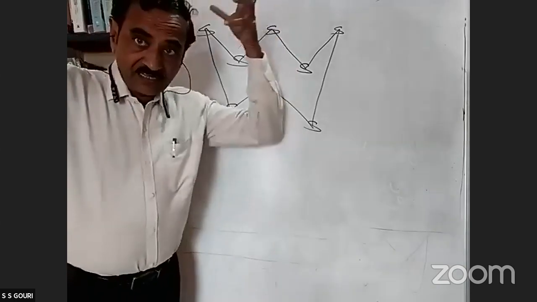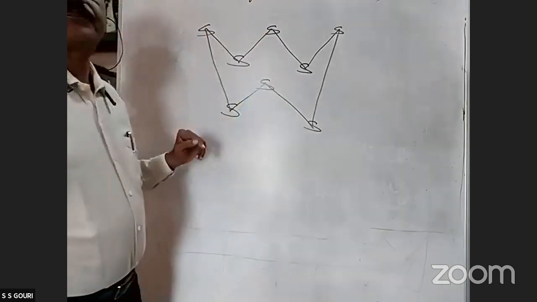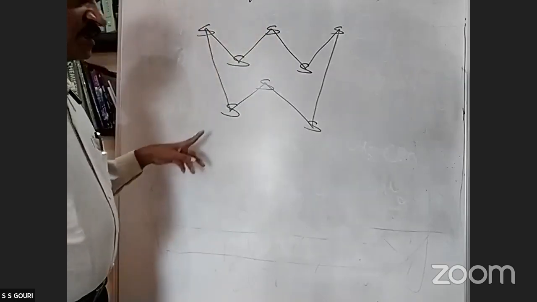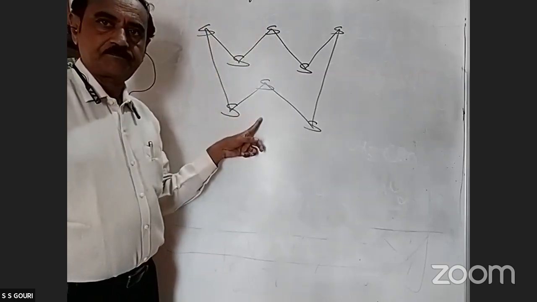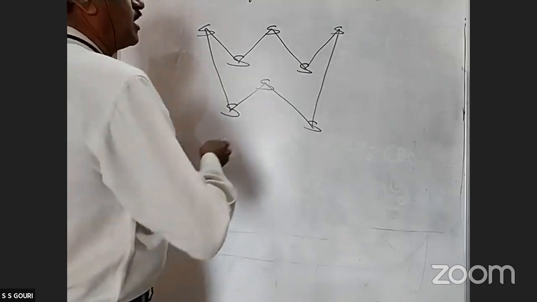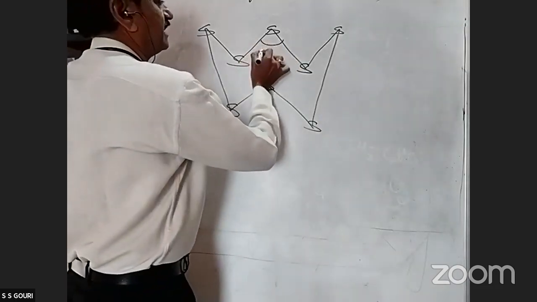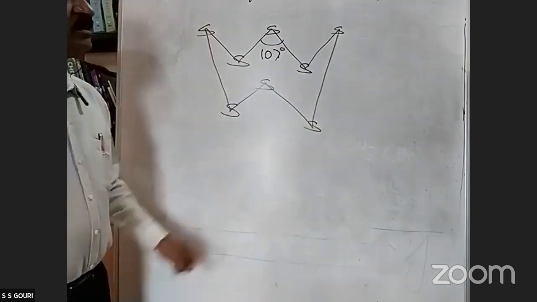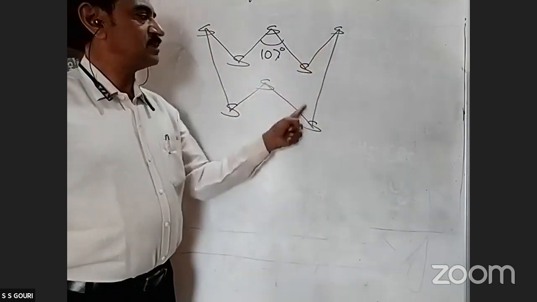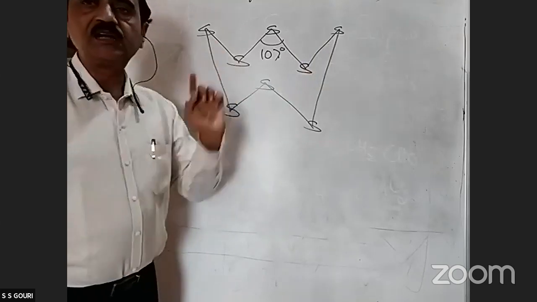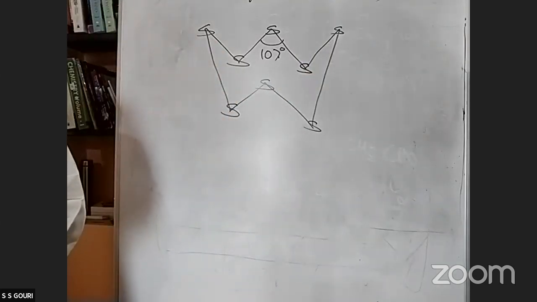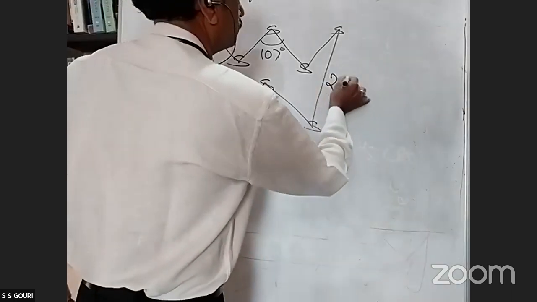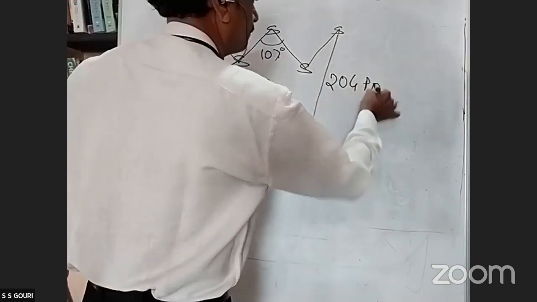Okay, it has a crown shape. Sulfur S8 has a crown shape with a bond angle of 107 degrees. All these bond angles are 107 degrees. This is 107, 107, 107, 107. And the bond length is 204 picometer.